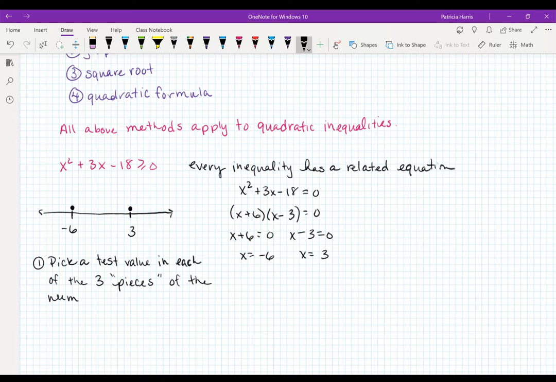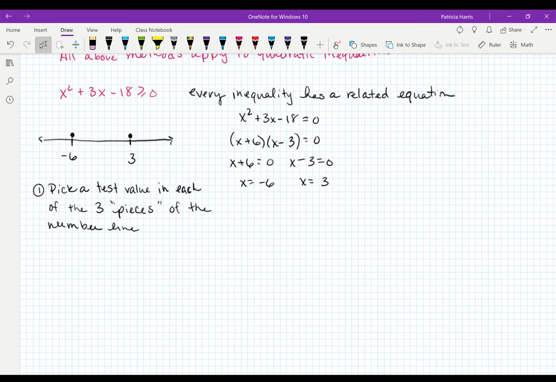You want to pick something to the left of -6, something in between -6 and 3, and something to the right of 3. You can choose any number you want, just as long as they're in that particular range. You can choose as easy or as complicated as you want. For my first test value, I'm going to pick -10.